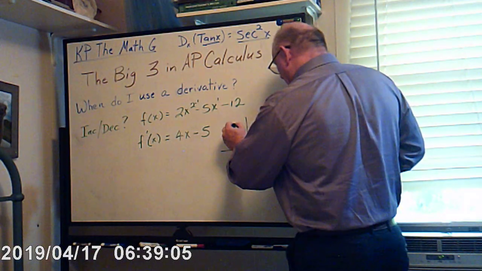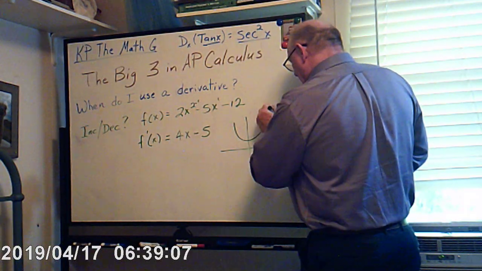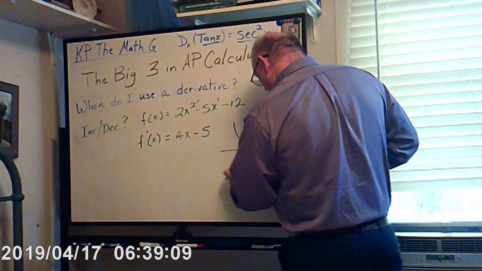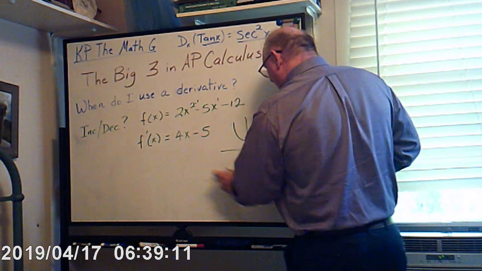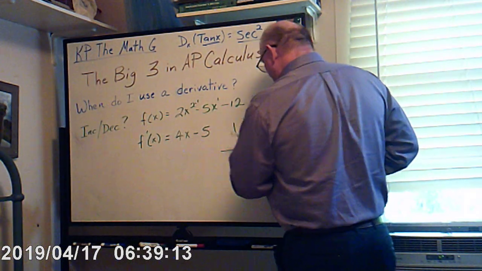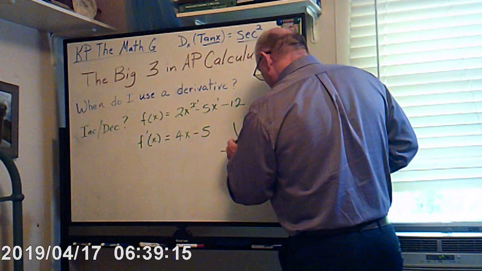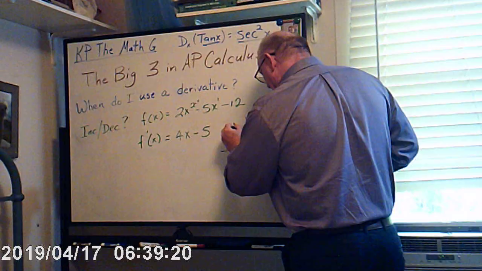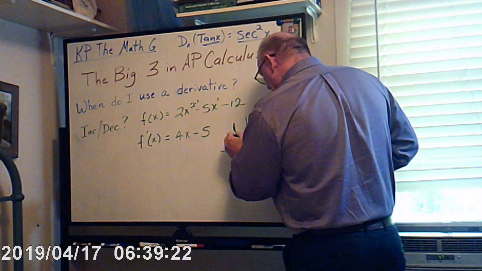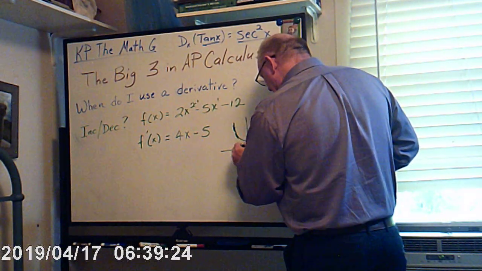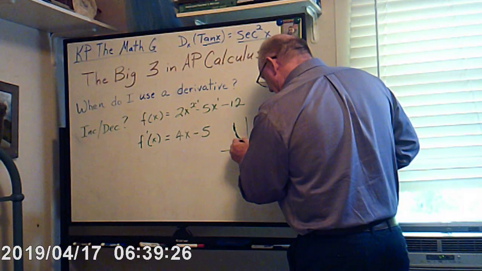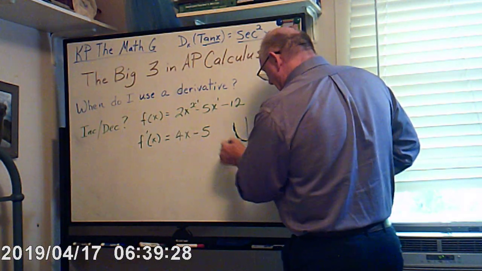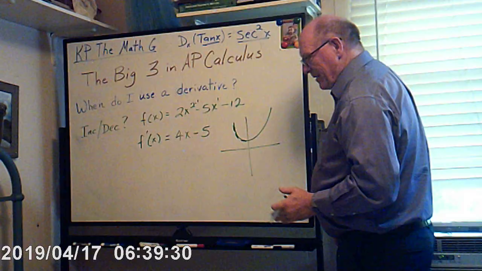So what we're going to look at is the slope at some number. Here's your curve. I don't know what it looks like really. It could be down here, it could be way over here. The slope is going to be like this. Tangent means touching the curve.